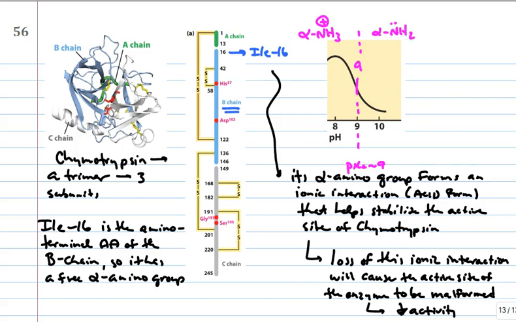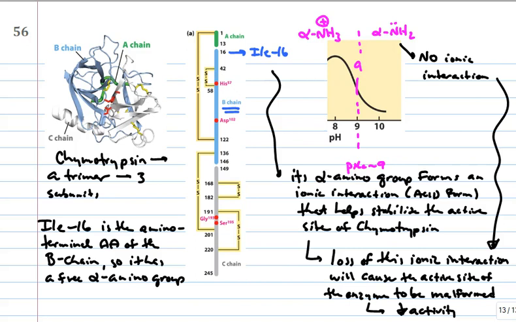And with the alpha NH2 you get no ionic interactions. No ionic interaction. And this just goes down to what we said over here. So past the pKa of 9, the enzyme activity goes way down, close to 0.